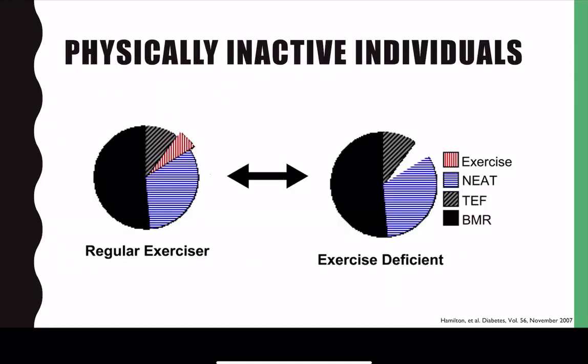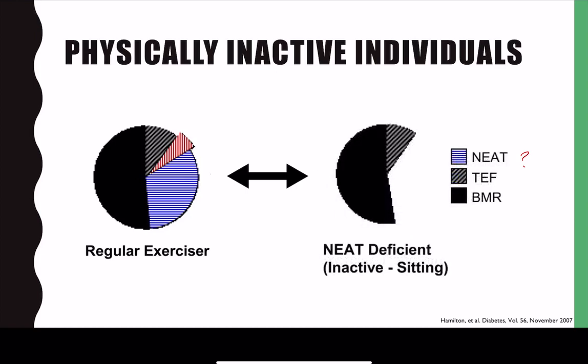So where exercise physiology describes the difference between a regular exerciser and someone who's exercise deficient, we are typically not just talking about somebody who is missing exercise, but rather somebody who's missing that non-exercise activity thermogenesis.